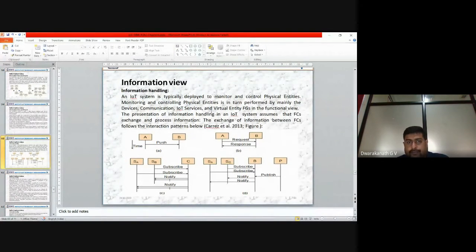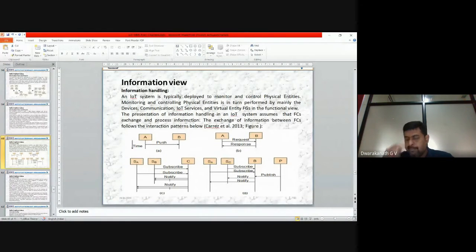The presentation of the information handling in an IoT system assumes that functional components exchange and process information. Important. Assume one functional component is there and another functional component is there. This functional component will execute. It needs some information.